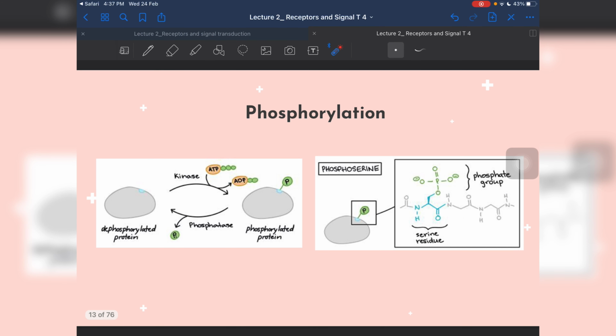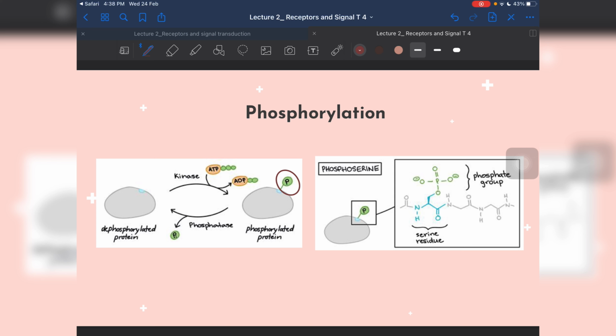Now let's look at this important point, which is phosphorylation. We know that proteins can be activated or inactivated in a variety of ways. However, one of the most common tricks is through phosphorylation. Firstly, we must know that phosphate groups will typically be linked on one of the three amino acids that have a hydroxyl group, OH, in their side chains. Like we said earlier, tyrosine, threonine, and serine.